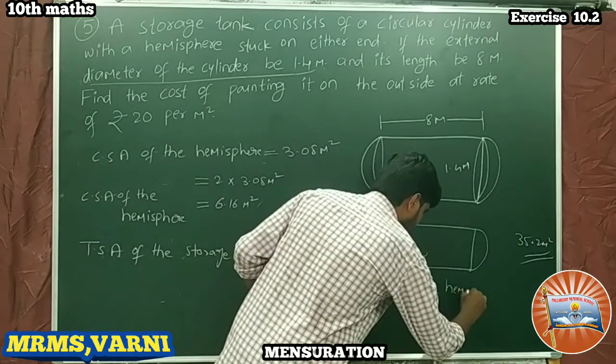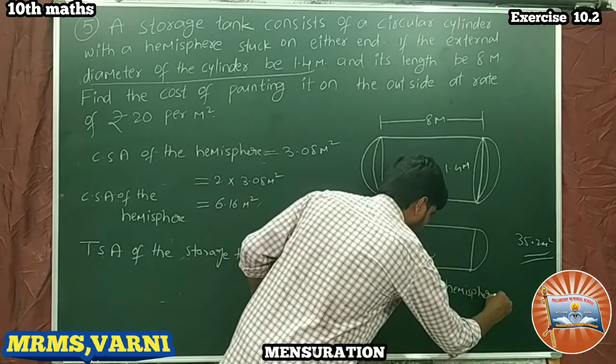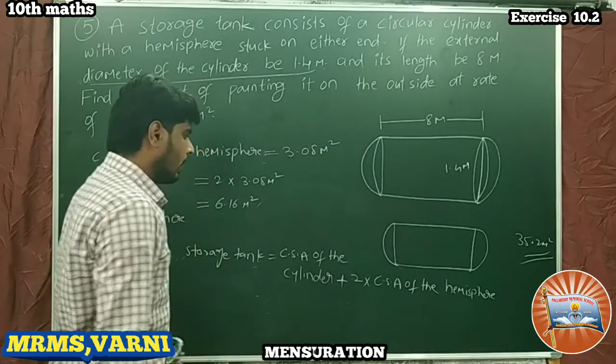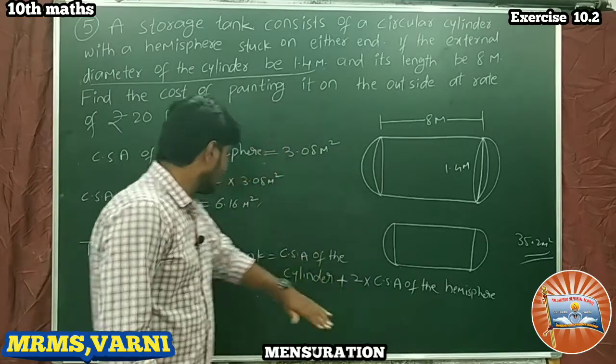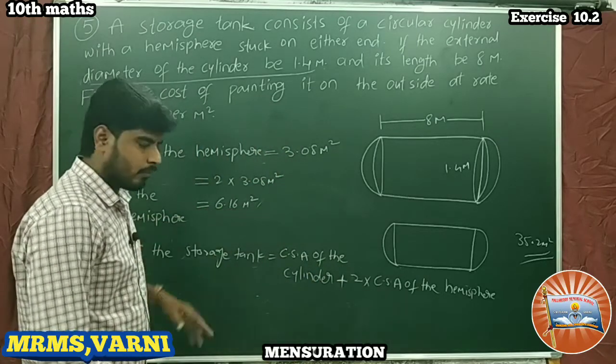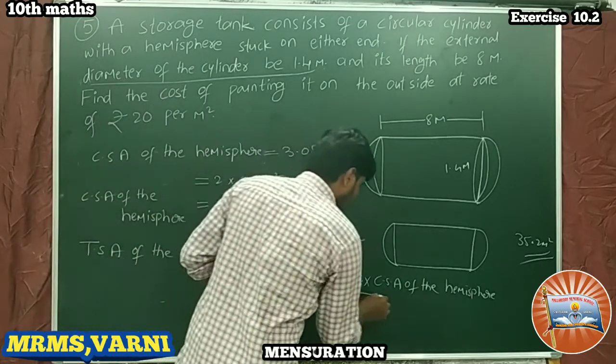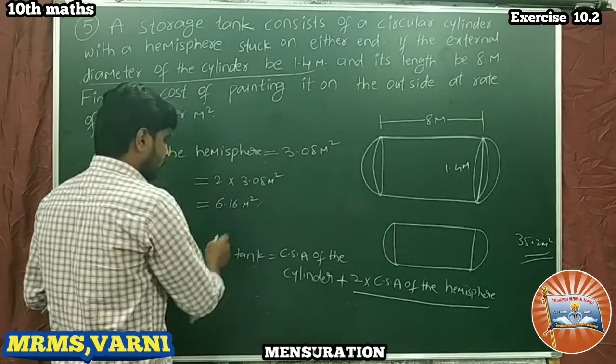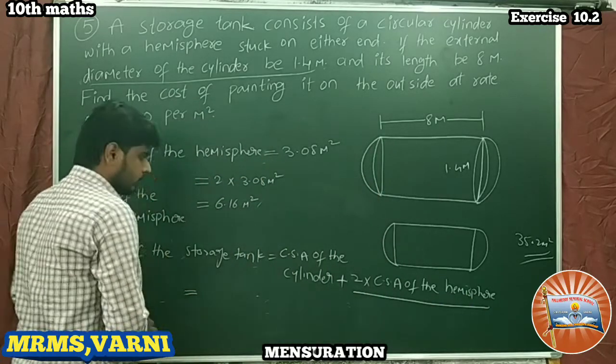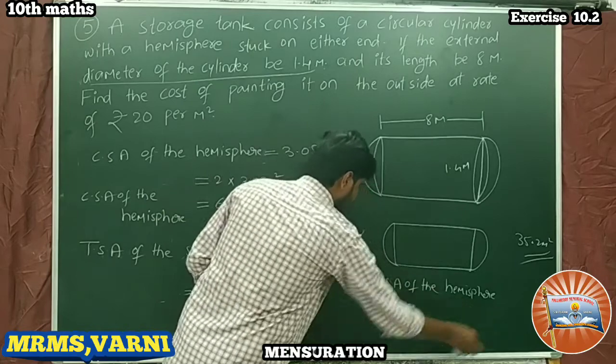We have two hemispheres, that is why multiplying with hemisphere. Okay, already we got this part as 6.16, so this we got already, 6.16. Okay, right.